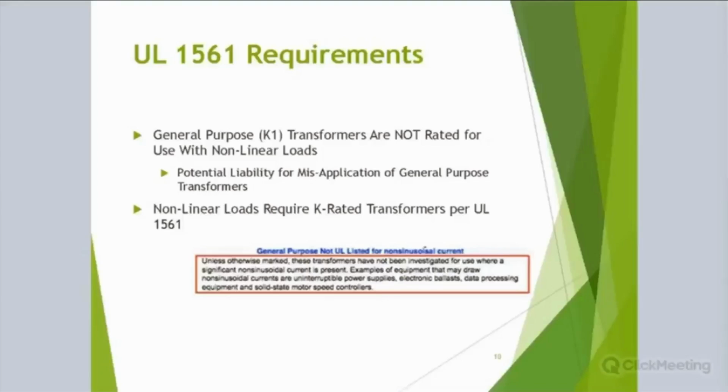Now, this could cause liability issues should there be a problem with that transformer, and rarely there are, but should there be, it's a misapplication, and insurance underwriters and certain authorities will note that product wasn't intended for that use, therefore your claim is invalid. If you're making an insurance claim because a transformer burned up and caused damage, but it was misapplied, that's going to be on the customer, and we try to avoid that. Even though that's extremely rare, it could happen.